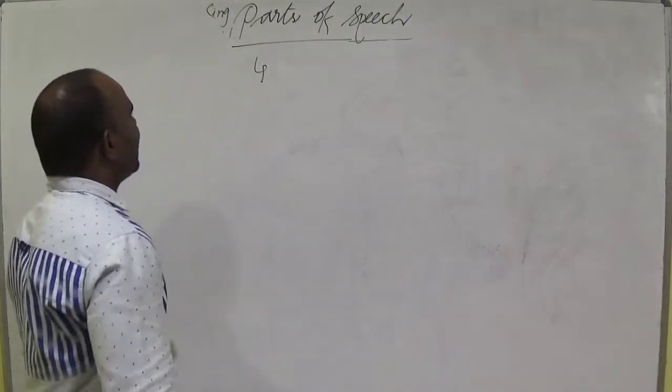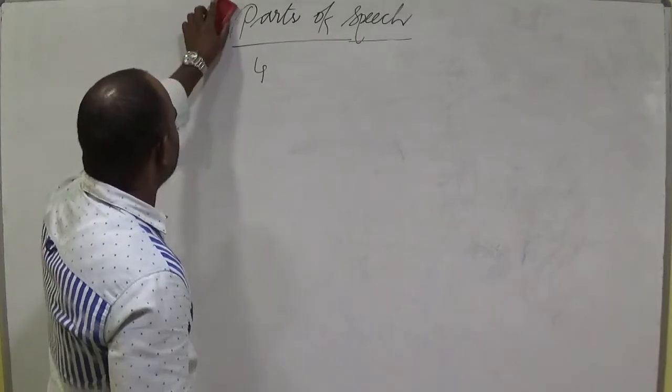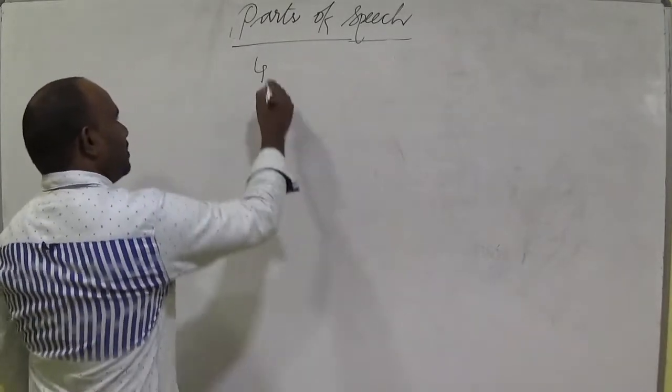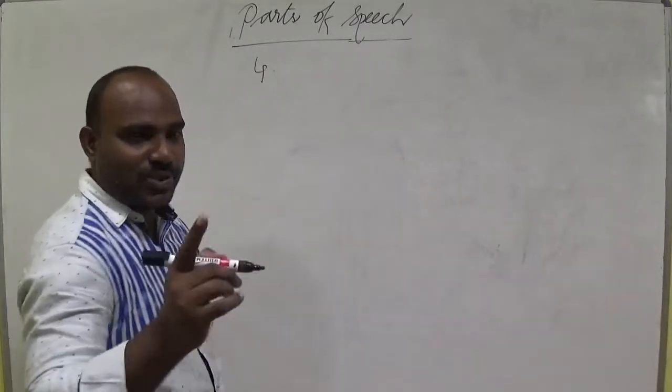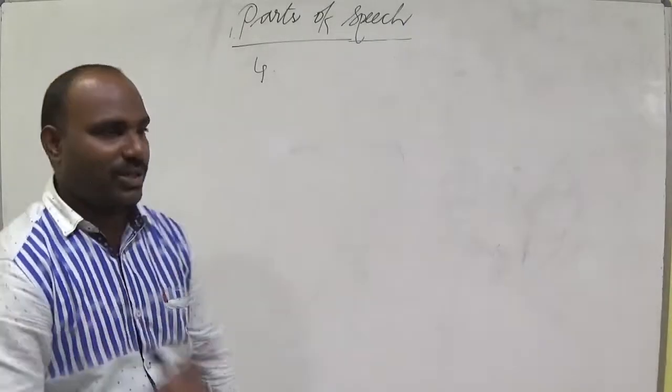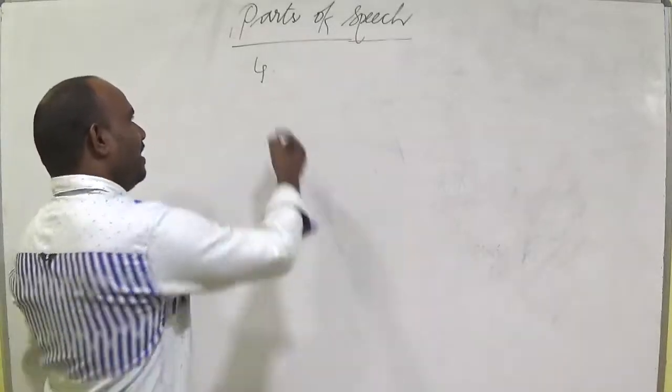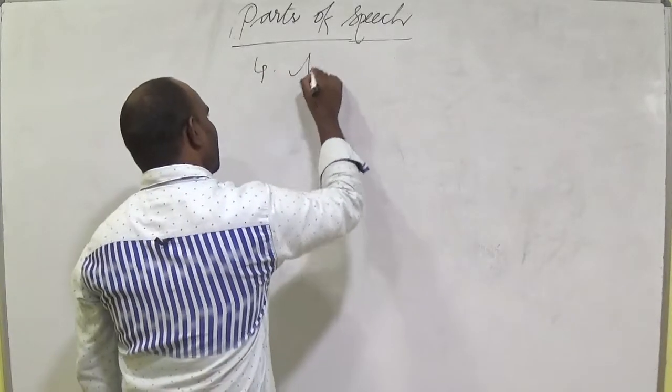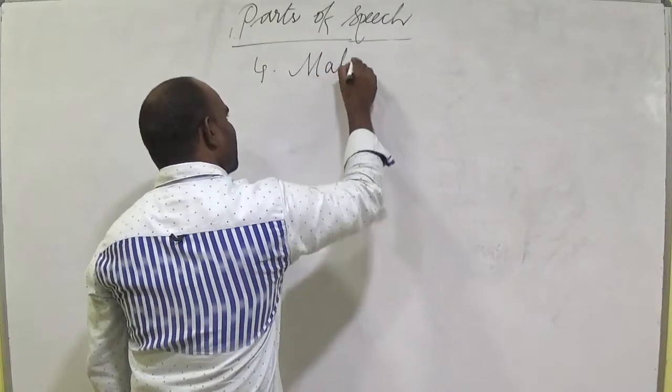And we'll see the fourth type of noun. First one is common noun, second one is proper noun, third one is collective noun, which we have just completed. And the fourth one is material noun.